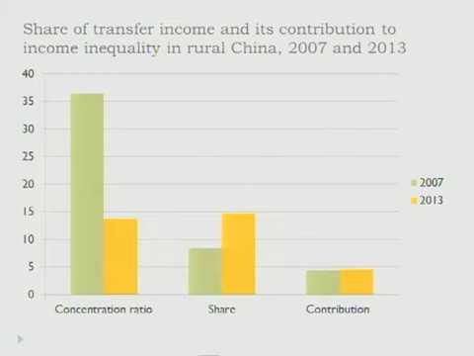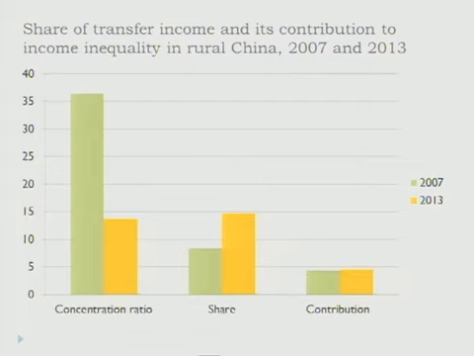We found that the share of transfer income in rural household income increased very rapidly, from less than 8% in 2007 to 15% in 2013.